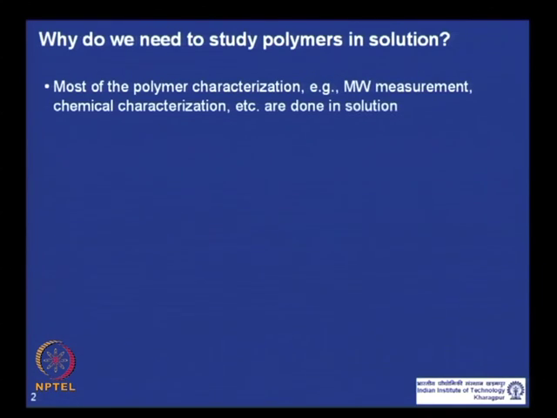As you will see after a few lectures, most of these polymer characterization techniques, for example molecular weight measurements and chemical characterization, are done in solution. So unless we know how polymers behave in solution, we will not be able to understand how polymer characterization is done.